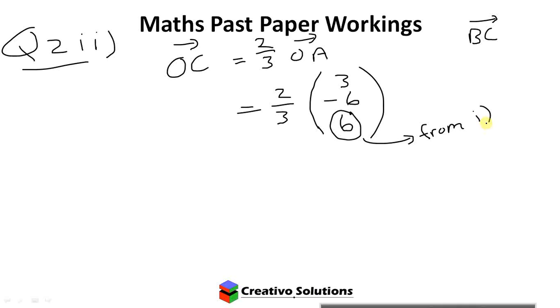Okay, so OC. Multiply the 2/3 into all of it. OC just carries down. So OC is equal to 2/3 of (3, minus 6, 6).